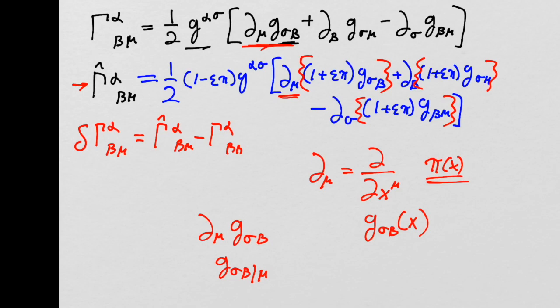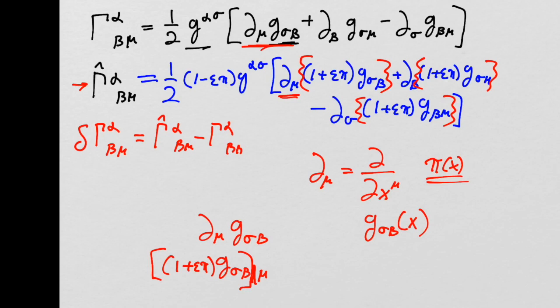But then when I change this, I would have had to change it by writing 1 plus sigma pi, right? And I would have had to emphasize that 1 plus sigma pi, and this, that's where I'm taking my single partial derivative of, right?